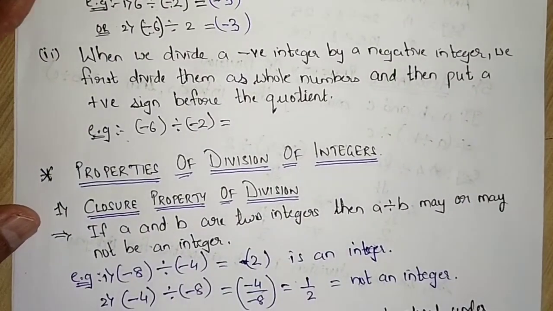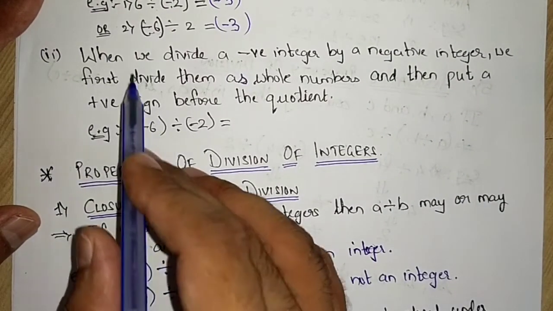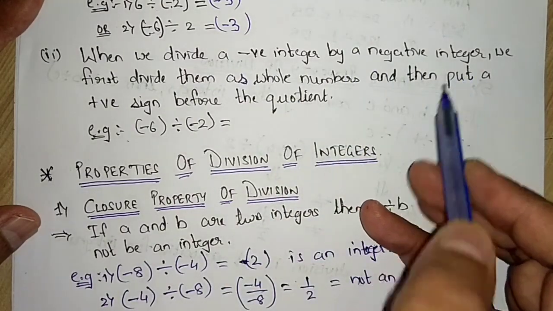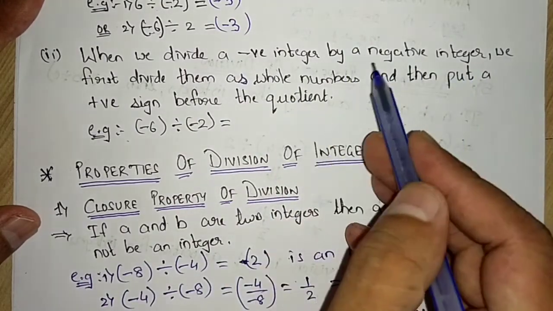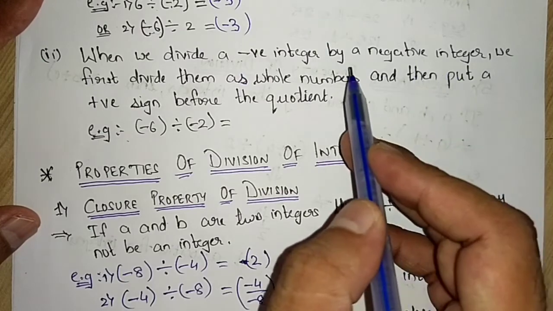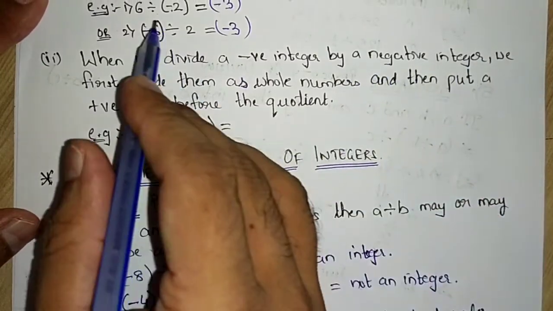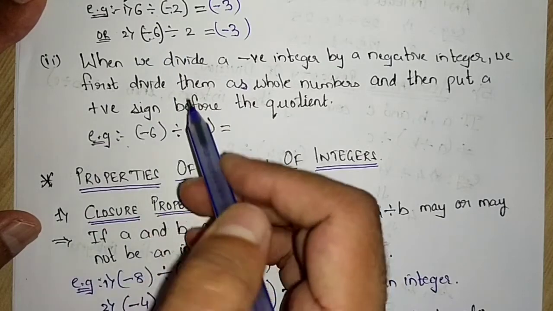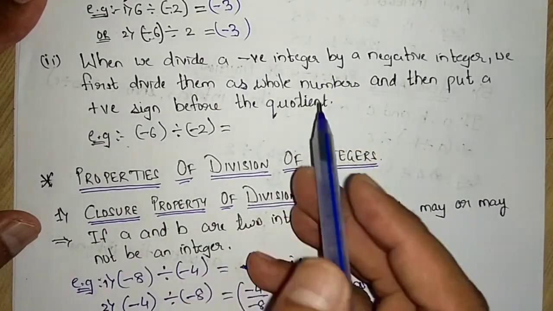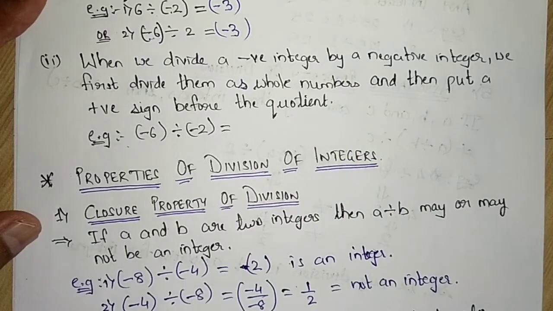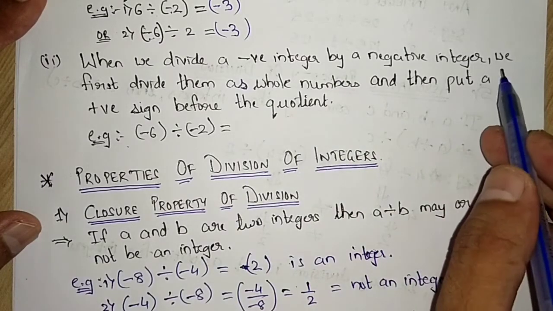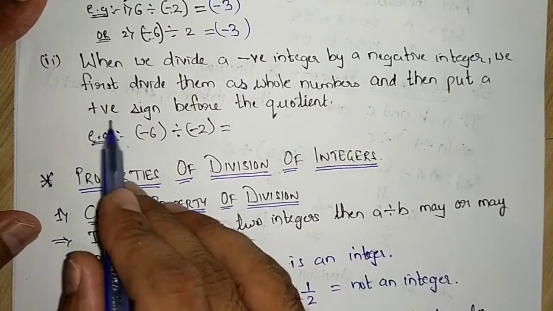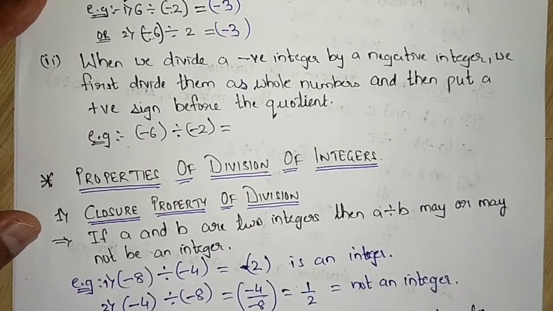Now second part. When we divide a negative integer by a negative integer, first it was negative integer by positive integer and positive integer by negative integer. That means there we had one negative integer out of two integers. Here we will have both the numbers as negative integers. So we first divide them as whole numbers and then put a positive sign before the quotient.